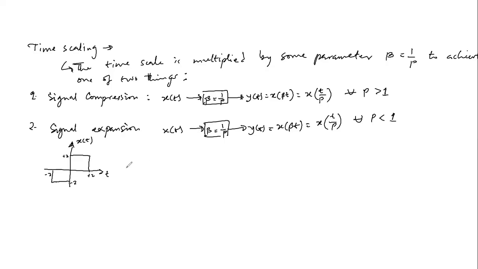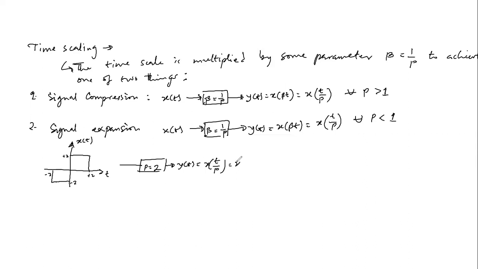So in this case, the signal is fed into some system where p is equal to 2. And recall that we have y of t to be the same as x of t over p.